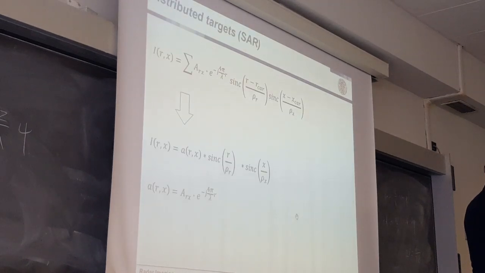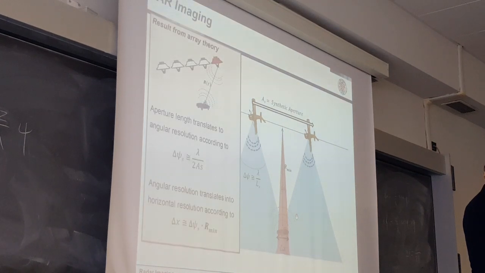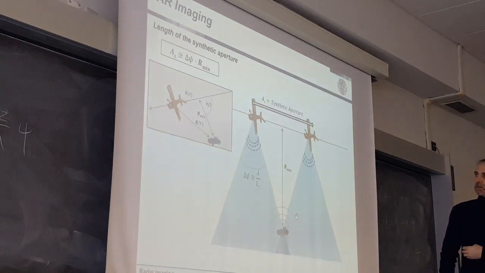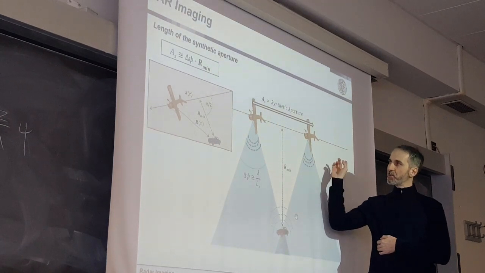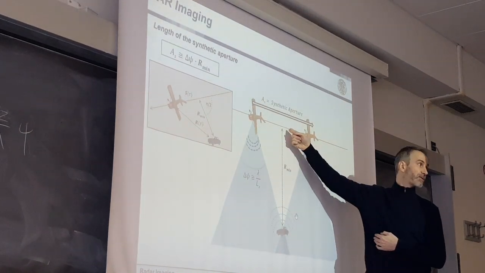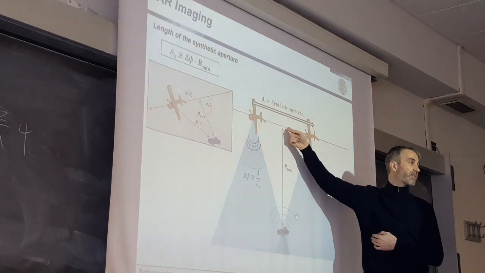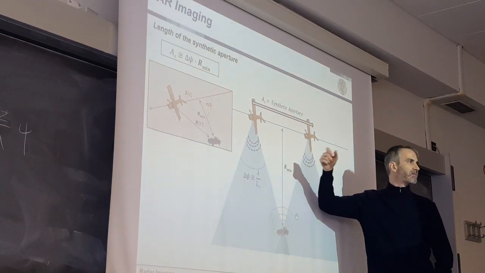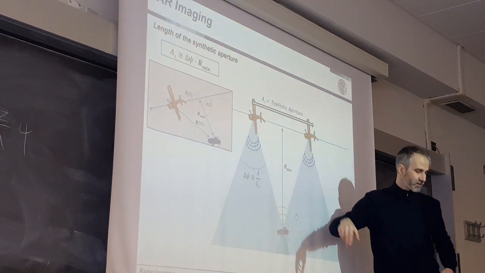Well, actually, you don't need to. This R min represents the minimum distance of a target from the trajectory. This is always the distance in the orthogonal plane, independent of the elevation of the target.